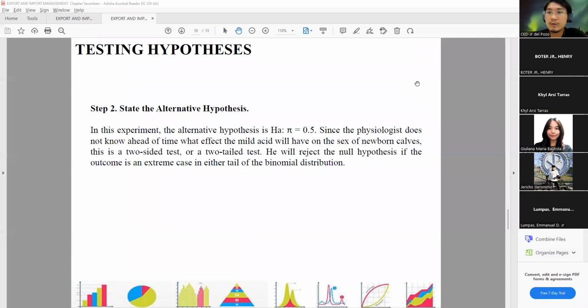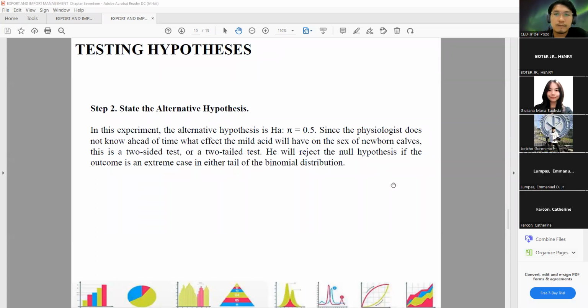Tama naman yung sagot niya: we can say that the alternative hypothesis is the probability of success is not equal to 0.5, kasi yung null hypothesis natin is equal to 0.5. So pwedeng 0.6, 0.4, pero not 0.5, definitely, kasi yun yung kinokontra ko. So the alternative hypothesis is not equal to 0.5.